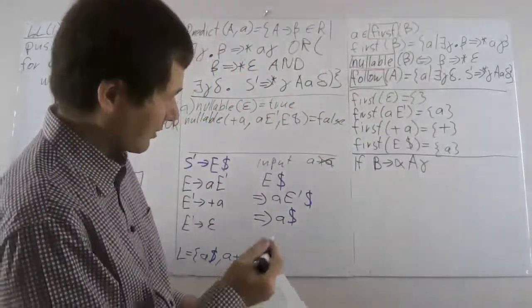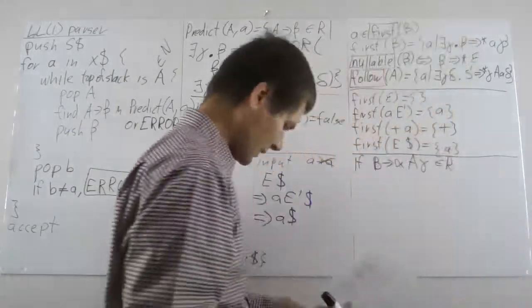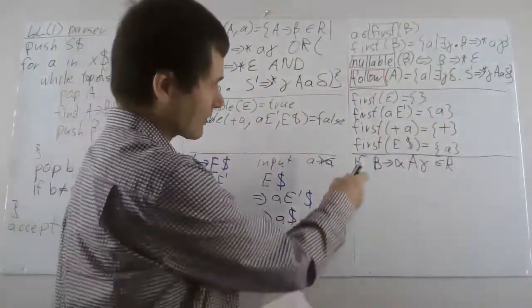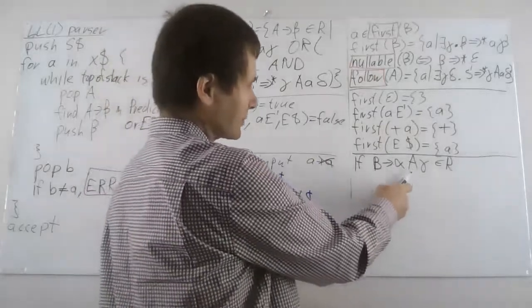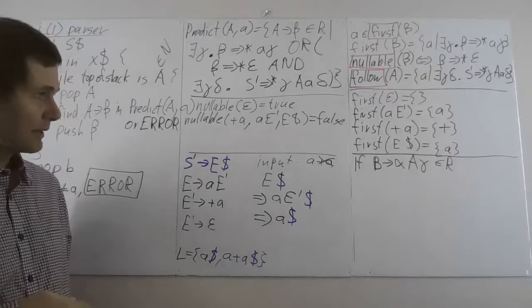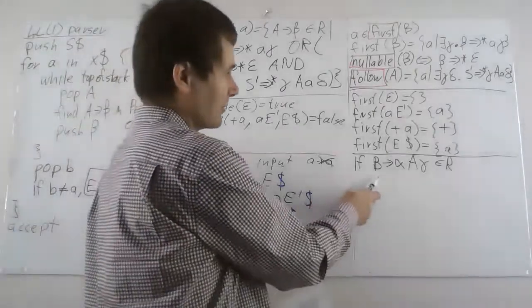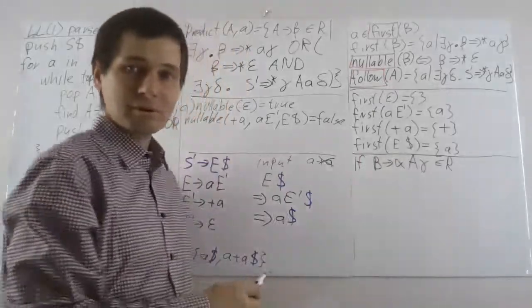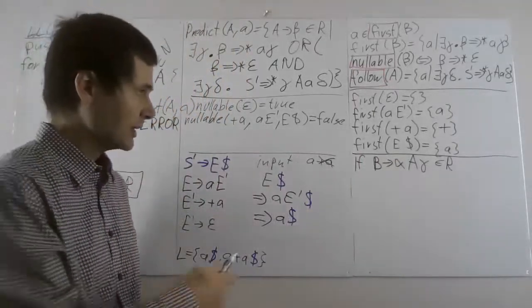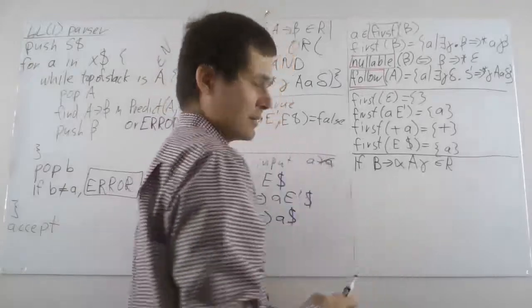Okay, so what am I saying? And this is in R, so in the set of rules in the grammar. So in the grammar, I have some production rule that has A in its right-hand side. Right? So, okay, so what can happen? Well, if I apply this production rule to some sentential form, it's going to change some B to alpha A gamma.